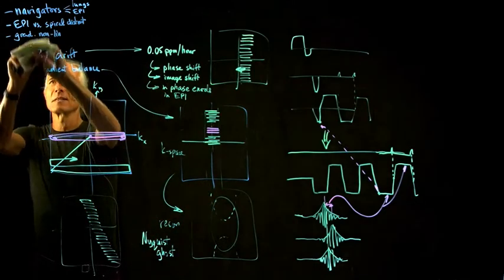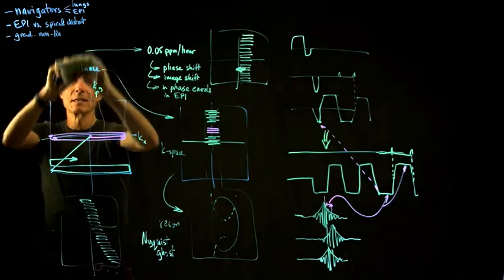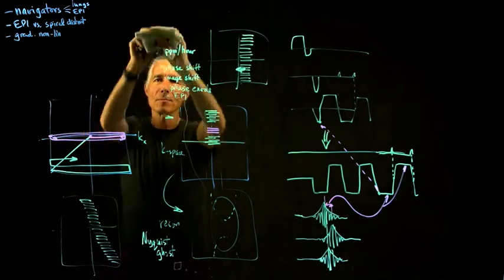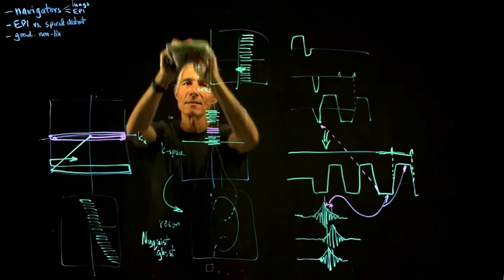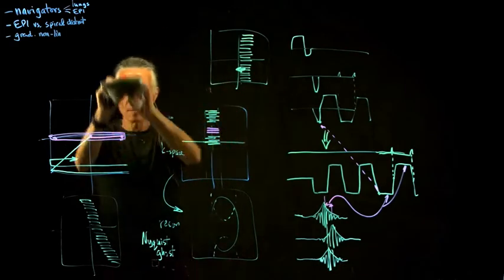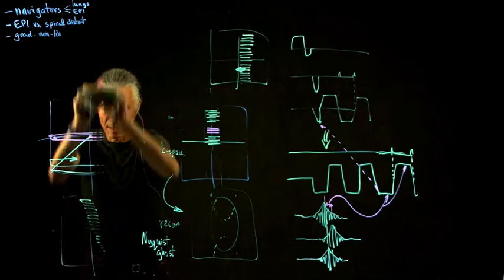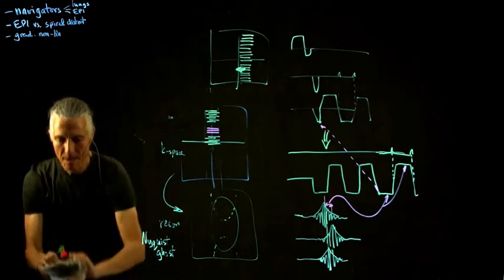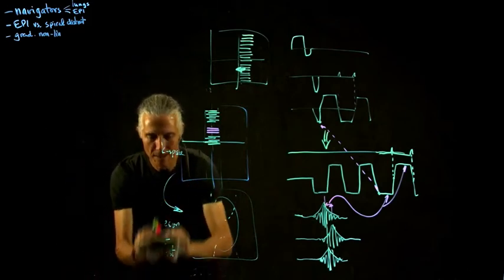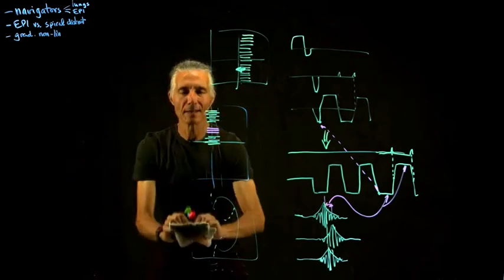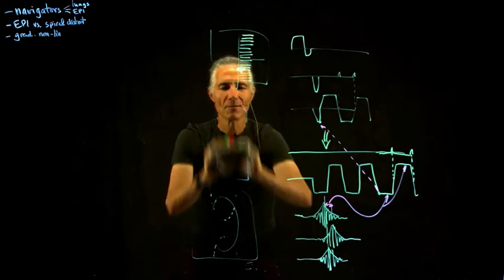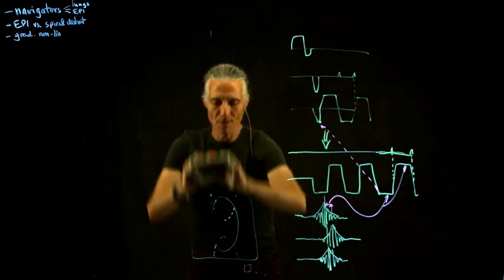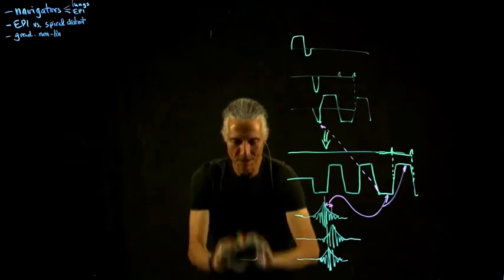And that's done for every EPI, so every echoplanar slice. For every multiband slice, you would do something like that. Like I said, it has the advantage that the slices won't drift from this slow rundown in the magnetic field.